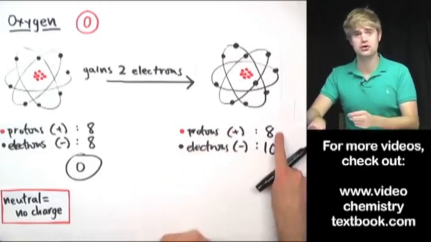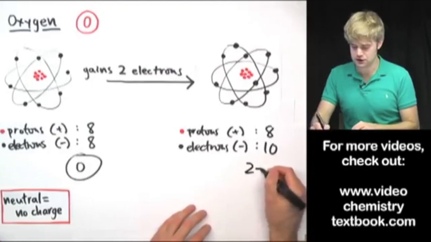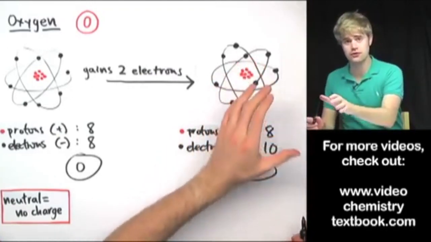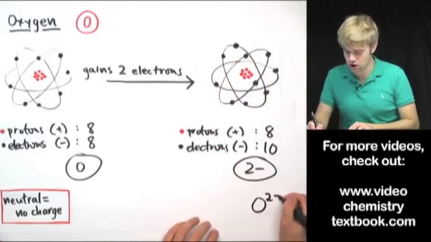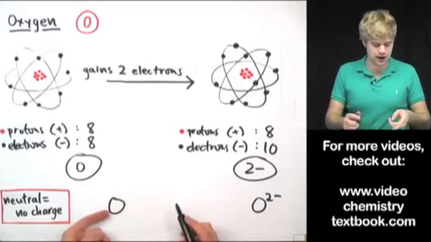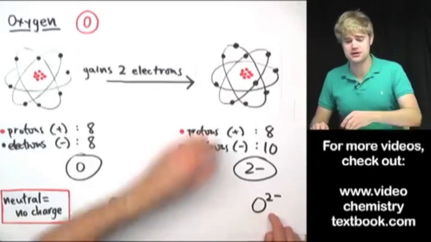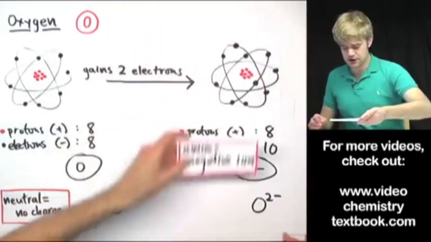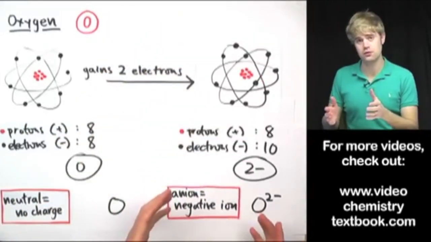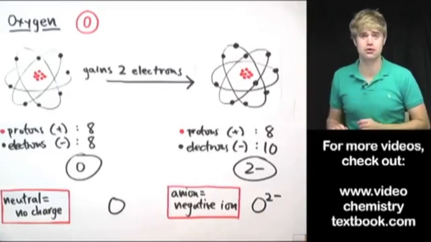I've got 2 more electrons than protons, so that means that my total net charge is going to be 2 minus. I can write the symbol for this ion as O2 minus to show that it has a 2 minus charge, whereas this neutral guy over here, I can just write O. This is an ion because it has a charge, and there's a specific name for it. We can call this an anion, which is the word that we use to describe a negatively charged ion that has more electrons than protons.